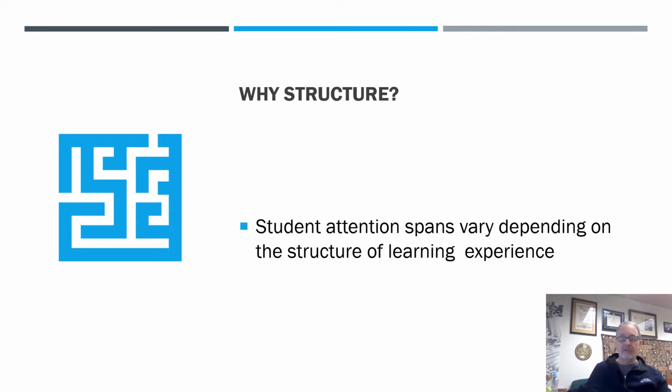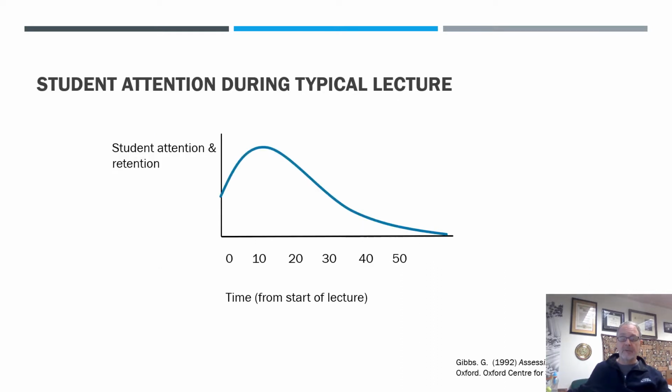Certainly, students' attention span varies depending on the structure of the learning experience. So let's just think about what that looks like. In a typical lecture, we know from Gibbs's work and others subsequently that the average student attention span in a traditional lecture is about 15 minutes.